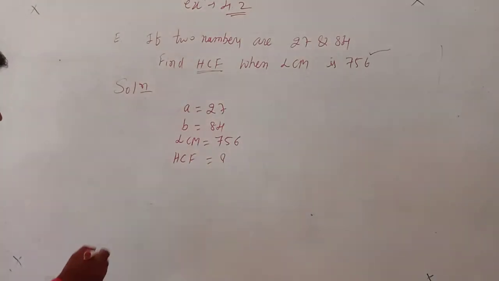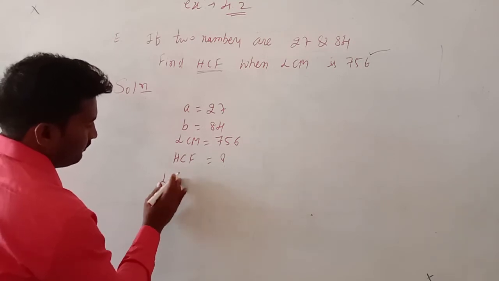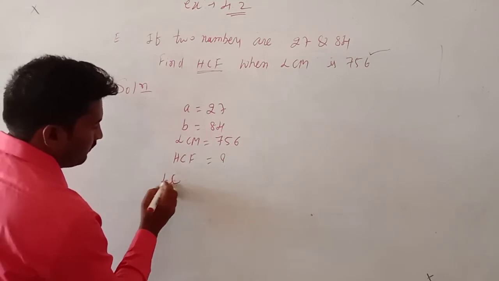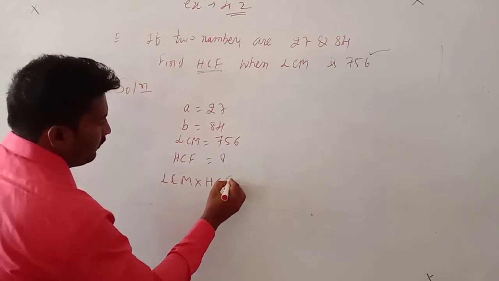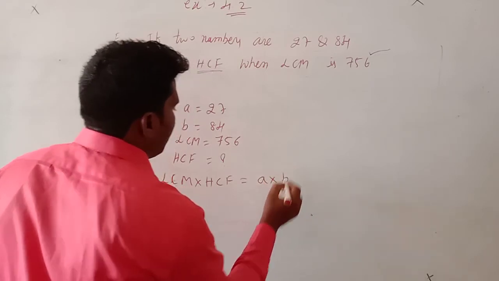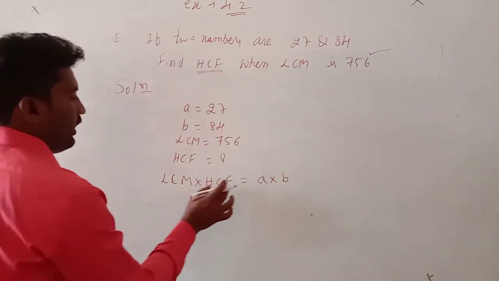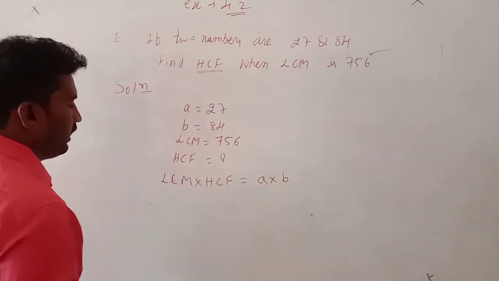So we know the formula: LCM into HCF equals A into B. A means the first term, B means the second term.